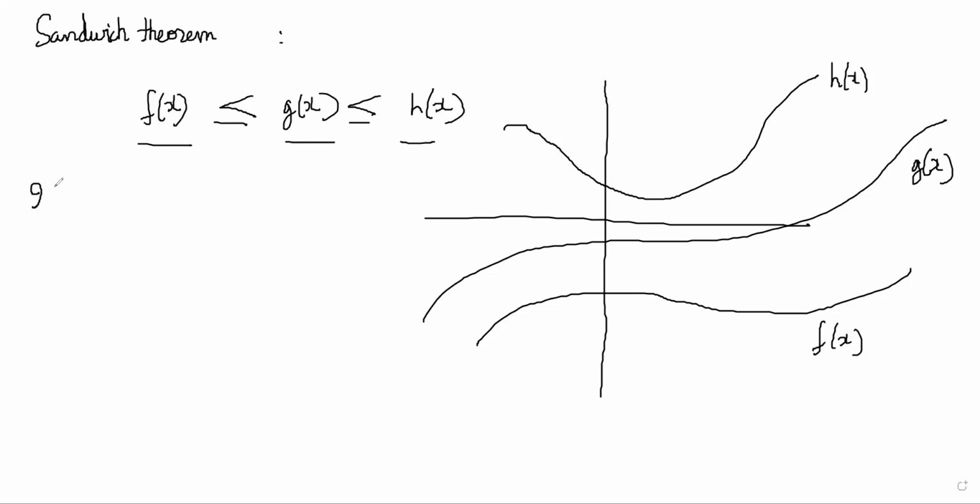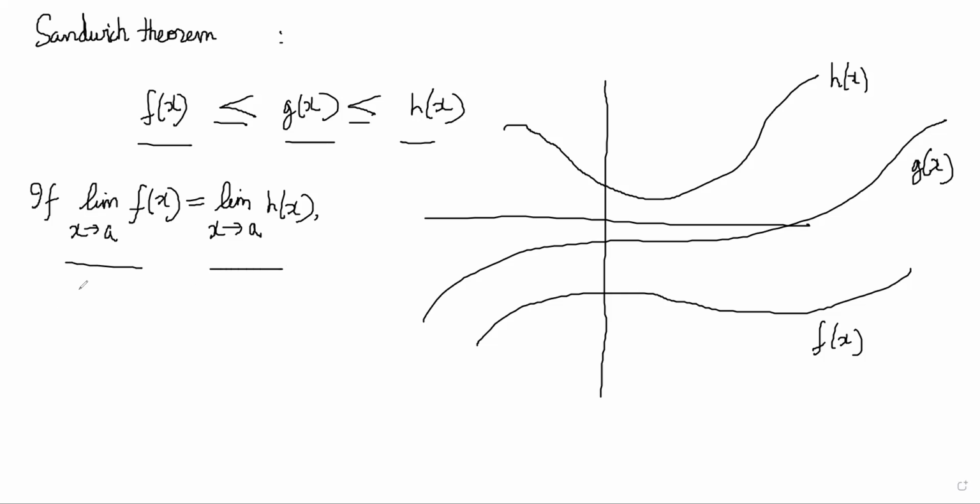Then if by chance the limit of x tends to some number a of f(x) is equal to the limit of x tends to that same number of h(x), then as you come closer to a, the lowest function is tending to something and the topmost function is also tending to the same thing. That means the values of f(x) and h(x) are coming closer and closer.